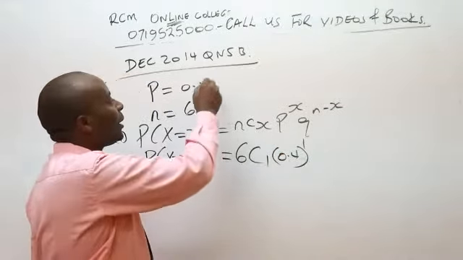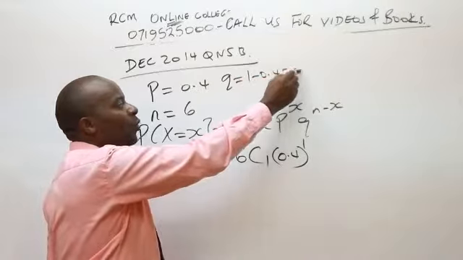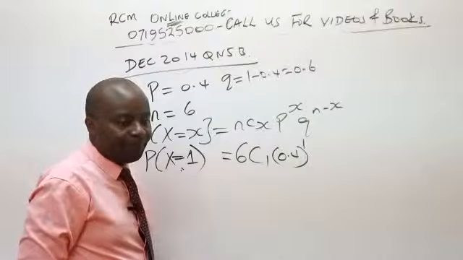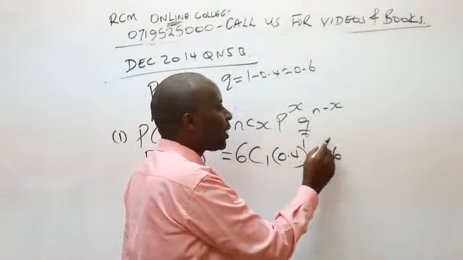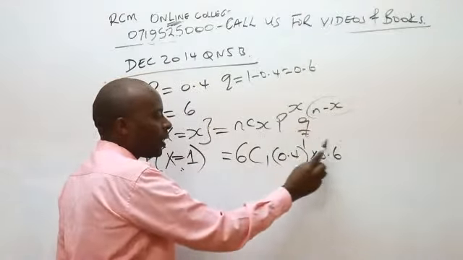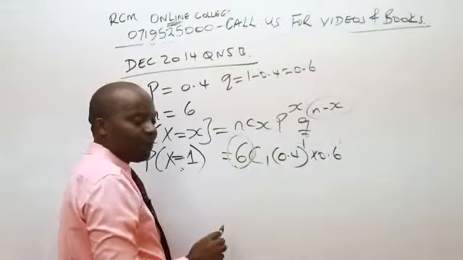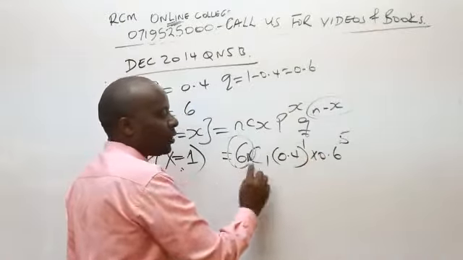If P is 0.4, then Q is 1 minus 0.4, which is 0.6, raised to the balancing power. The two powers must always add up to n, so the balancing power here is 5. 1 plus 5 is 6.